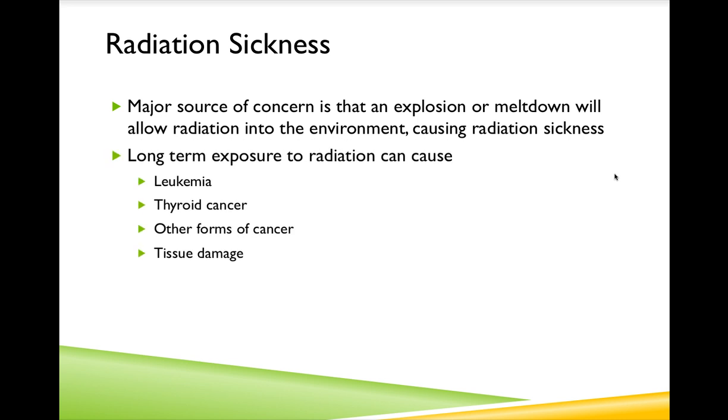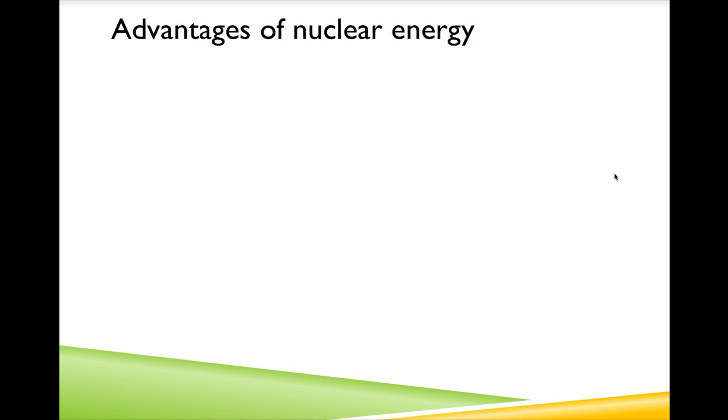So long-term exposure to radiation can cause a number of different things: leukemia, which is a type of cancer of the blood, thyroid cancer, other forms of cancer, and then tissue damage. And I just want to say really quickly, some of the things like hair loss, the things that we see in people who have been undergoing radiation therapy, are also some of the symptoms of radiation poisoning.